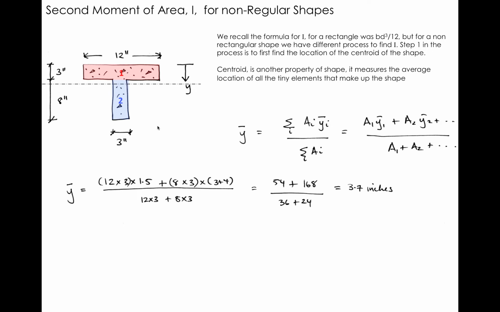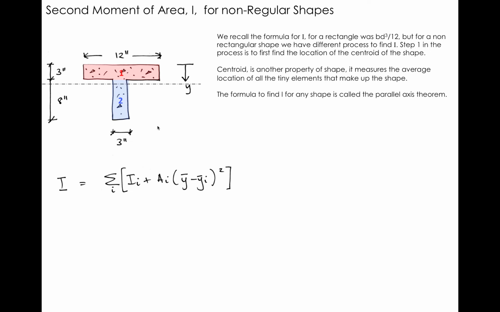So now that I've found y bar, can I use that to find I? And the answer is yes. Now, I have a formula to find I. It looks very strange. You will never be expected to memorize this equation. It's pretty complex, and it's called the parallel axis theorem.